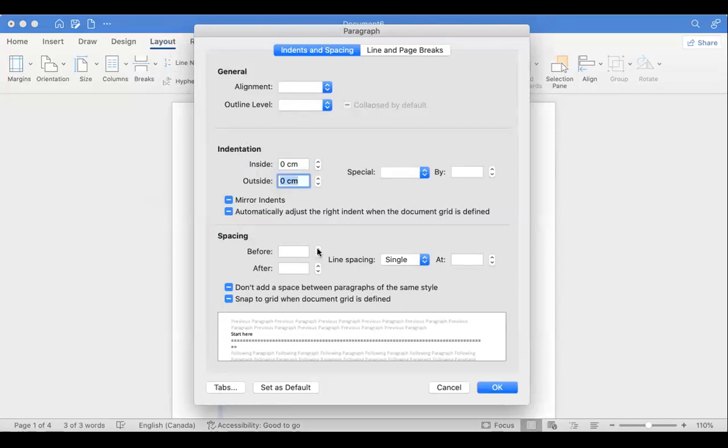Line spacing, before 0. Everything is 0, by the way. Everything must be 0, 0, 0. And then line spacing here, I say double. This is the default, set as default of my paper. I've set it as default. I will not struggle at all.